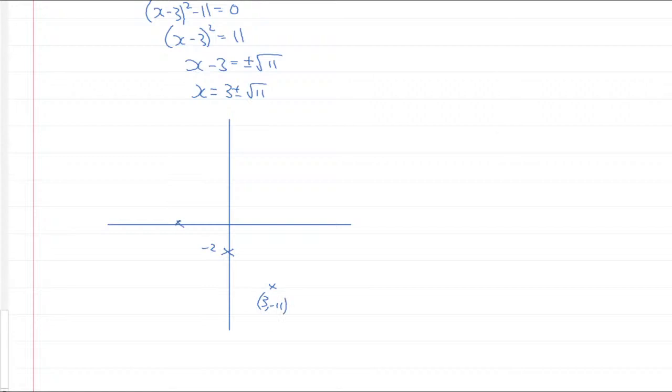You've got a crossing point over here at 3 minus root 11, and another crossing point here at 3 plus root 11. Which looks like a minimum there. Oh, that is so bad. Okay? You lose marks with that.